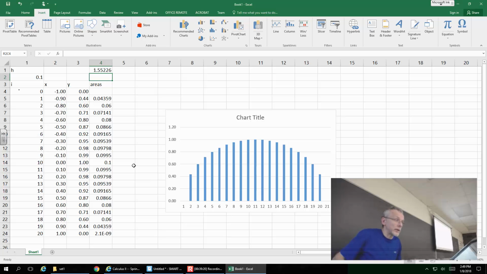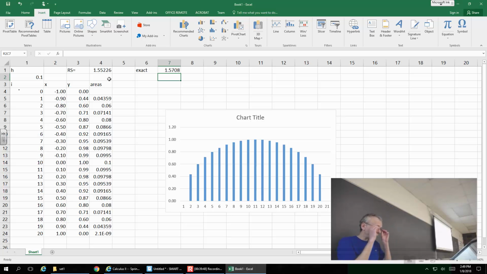Let's compare to the exact value. This is the total area. In other words, this is the Riemann sum, equal to that. I'll compare it to the actual exact area. As I said, it should be pi over 2, so equal to pi over 2, 1.57.